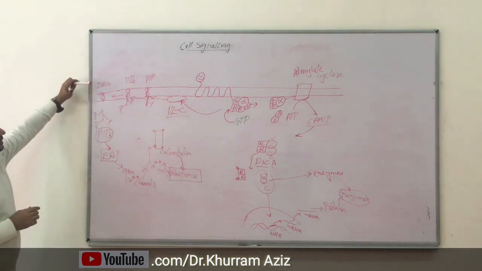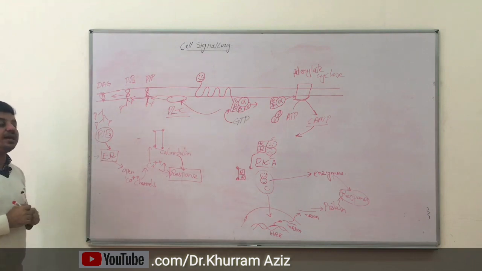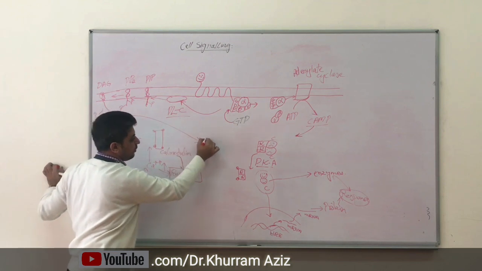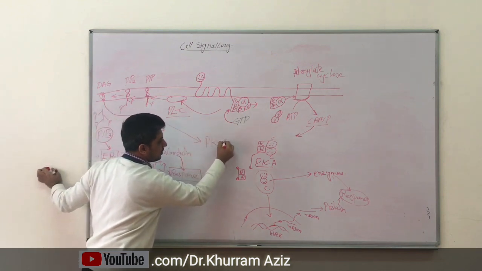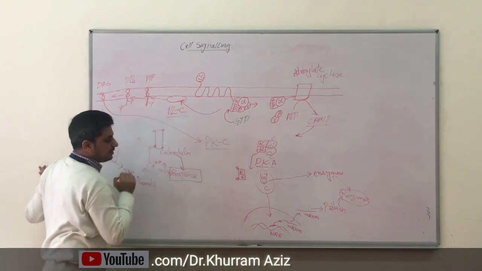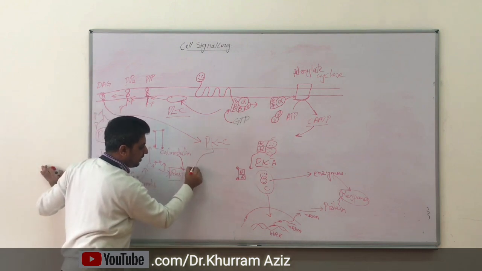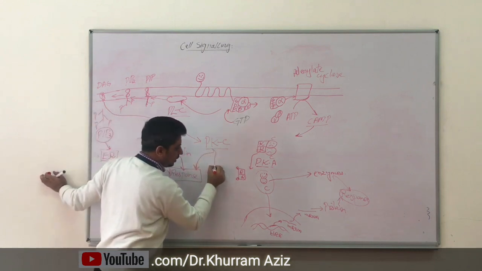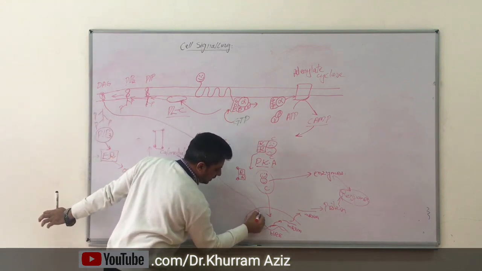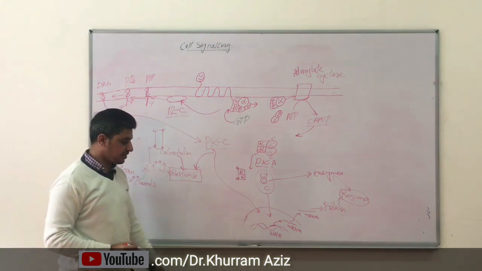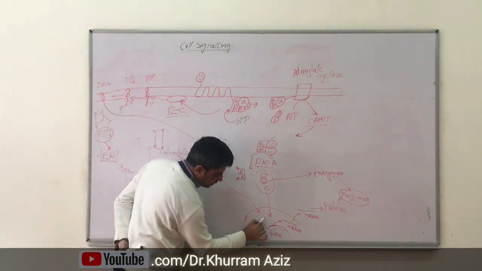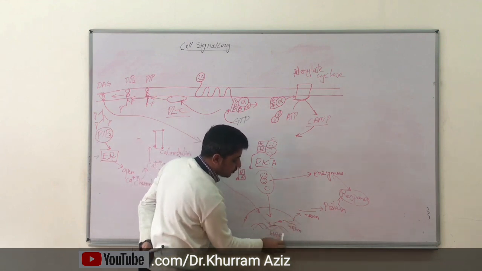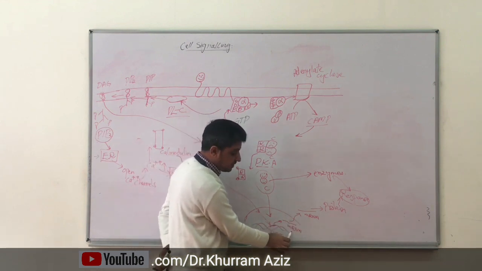And the third one is the DAG mechanism, diacylglycerol. Again, this diacylglycerol will activate another protein which we name as PKC. This PKC will either give the response inside the cytosol, or it will go into the nuclear membrane, into the nucleus, and in the nucleus it will activate the hormone response element, and this hormone response element will be responsible for the formation of messenger RNA.